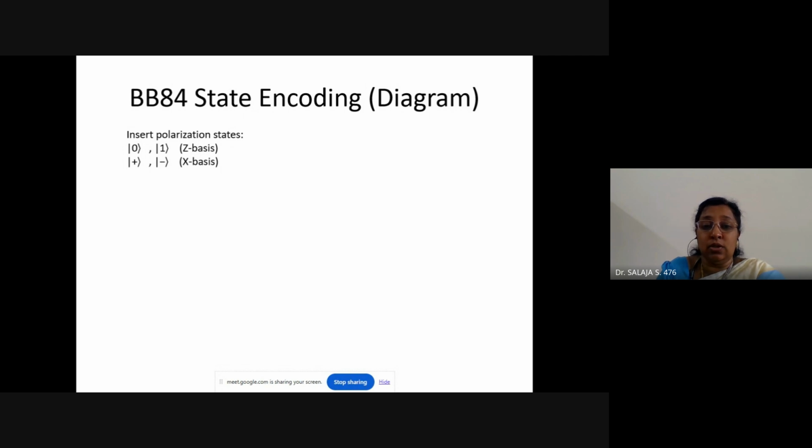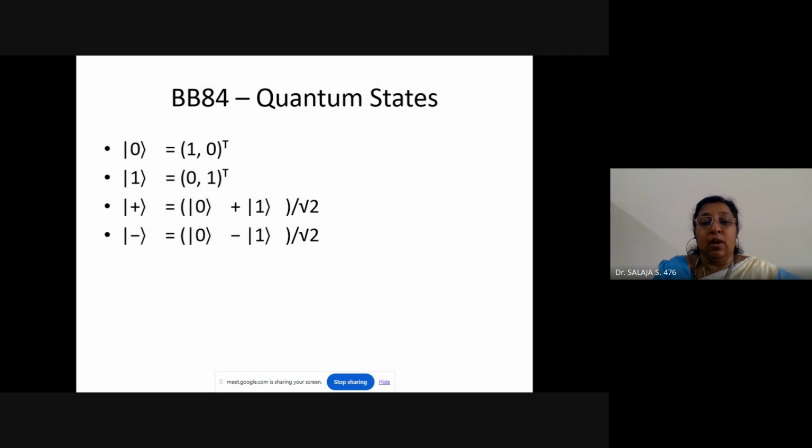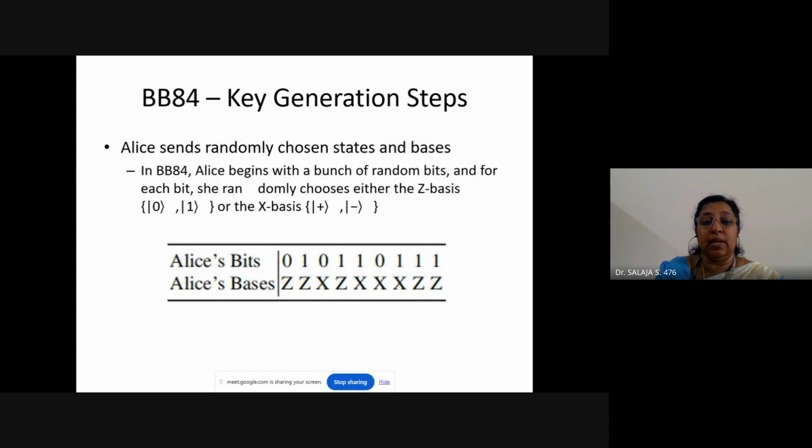The Z gate goes in for a phase flip, where the polarization states on the Z basis are indicated by ket 0 and ket 1, whereas on the X basis they are ket plus and ket minus. So the quantum states are 4, where we have taken the conjugate and also represented them.